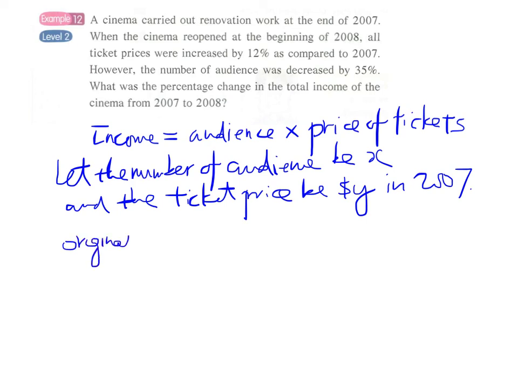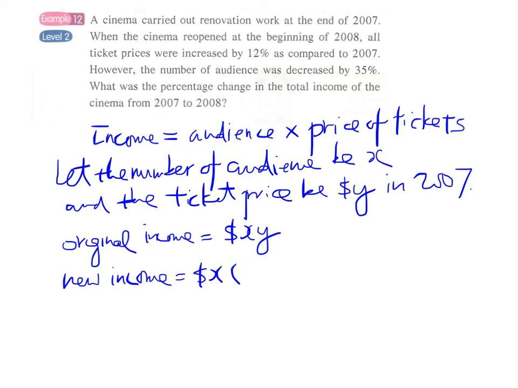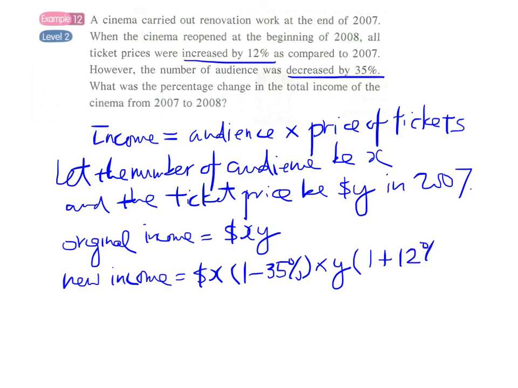Therefore, the original income will be x times y, and the new income in 2008 will be x times, since x is the number of audience, and actually it dropped by 35%, x times 1 minus 35% multiplied by y, followed by the factor 1 plus 12%, since the ticket price increased by 12%.